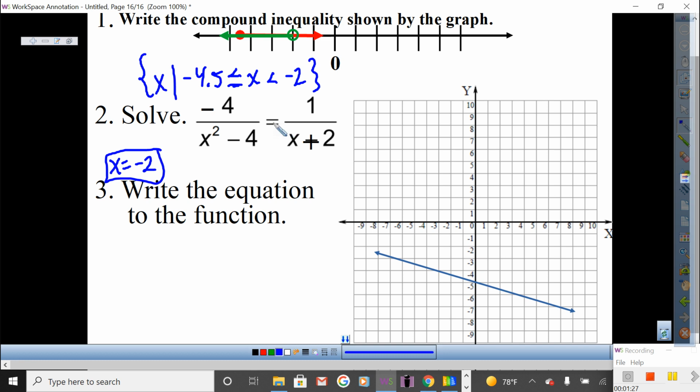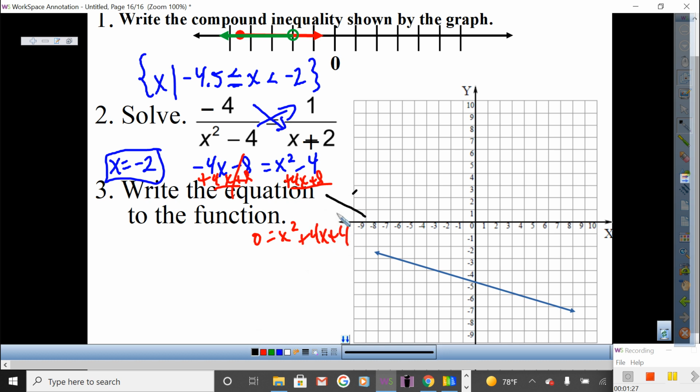And once again, this one you cross multiply, so you should have ended up with -4x minus 8. Cross multiply, x squared minus 4. Get all of these to the other side, which means we add 4x and add 8. That gives us 0 equals x squared plus 4x plus 4.